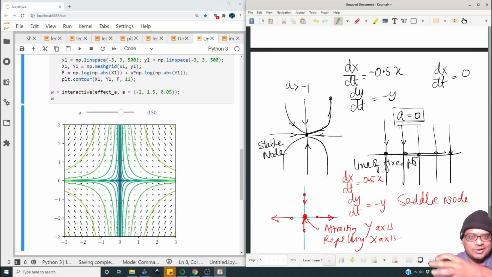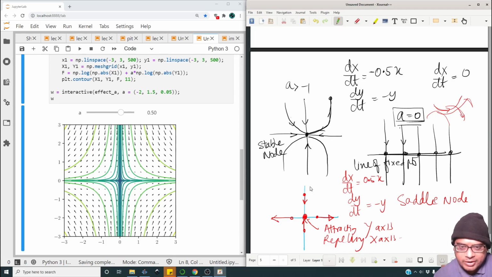So it's attracting in one direction and repelling in the other direction. That's why it's called a saddle node. Something like this. So it's attracting in this direction but repelling in this direction. Okay, so you just imagine how a saddle of a horse looks like.